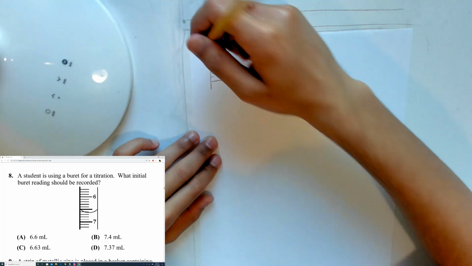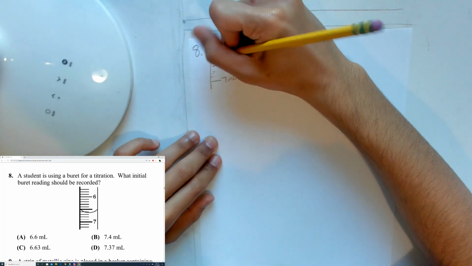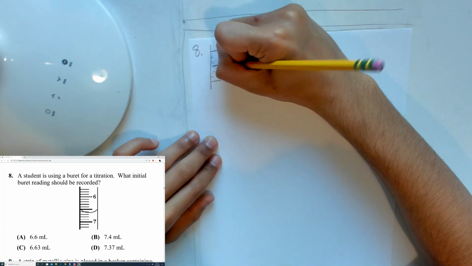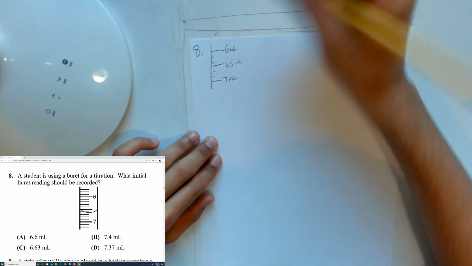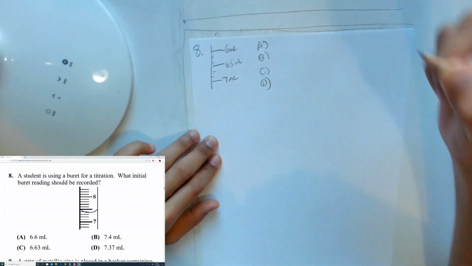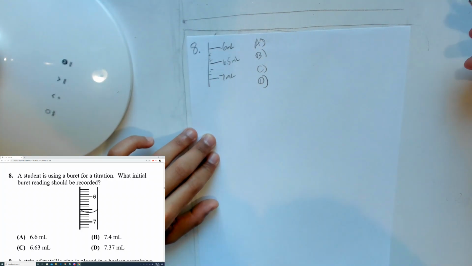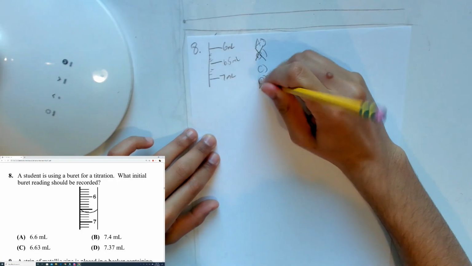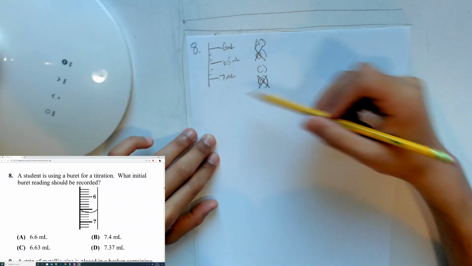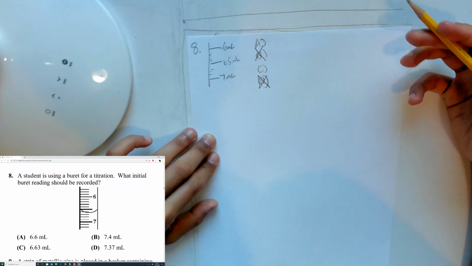So if it's below the 6 ml mark, this is 6.5 milliliters. So you can easily cross out B and D because it did not go past the 7 ml mark. It's not below the 7 ml mark.